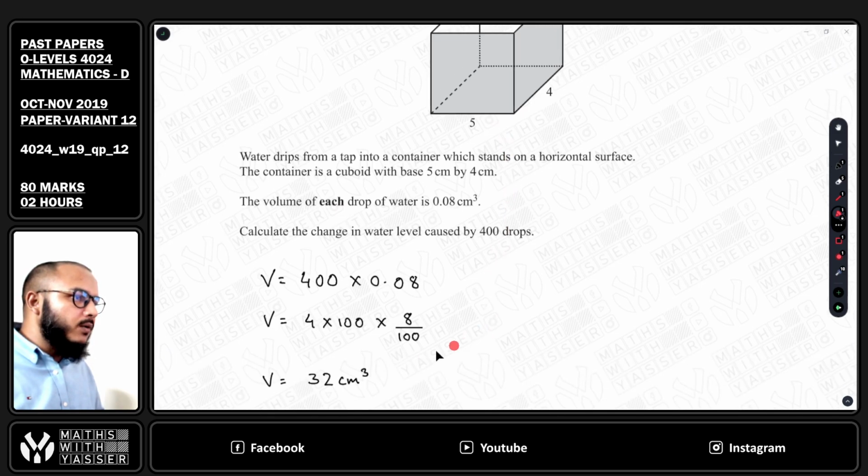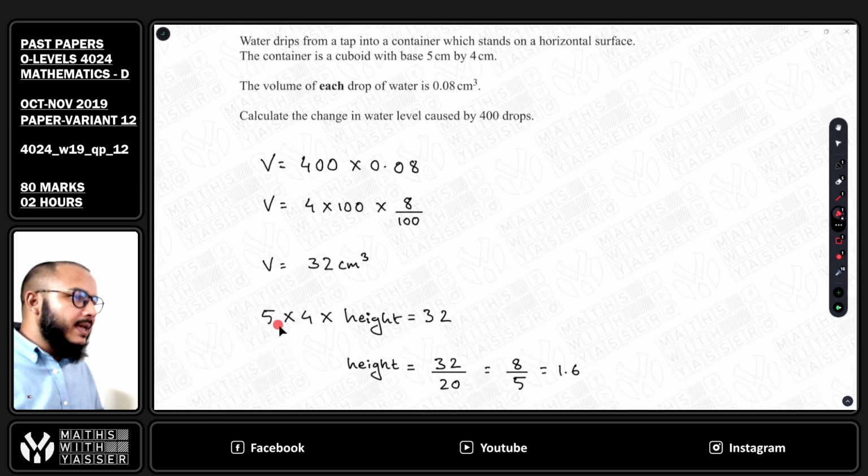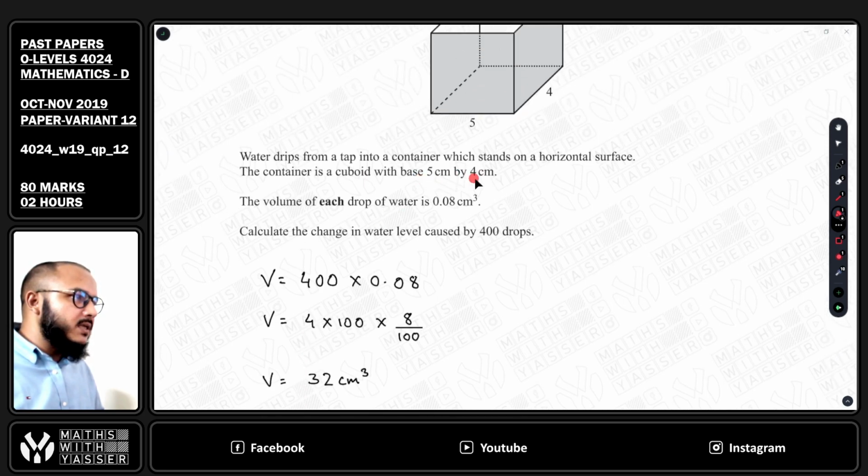So we have already found the volume of the water, which is 32, and that is taking the shape of the container, which is a cuboid. And we know the volume of the cuboid is length times breadth times height. So we have 5 times 4, which is already given, 5 centimeter by 4 centimeter.